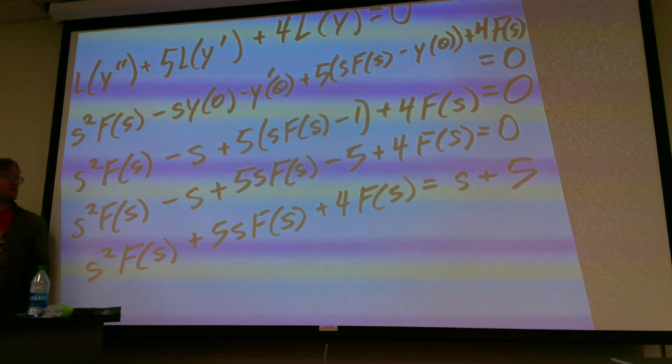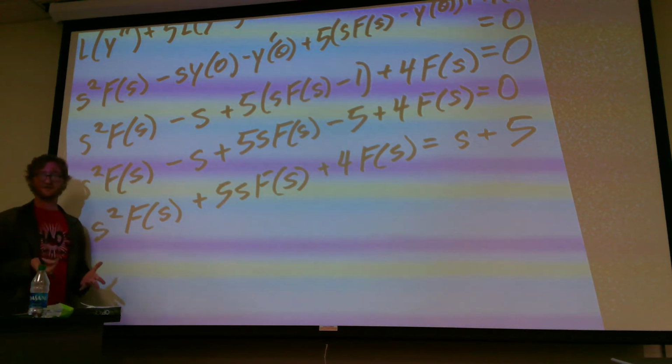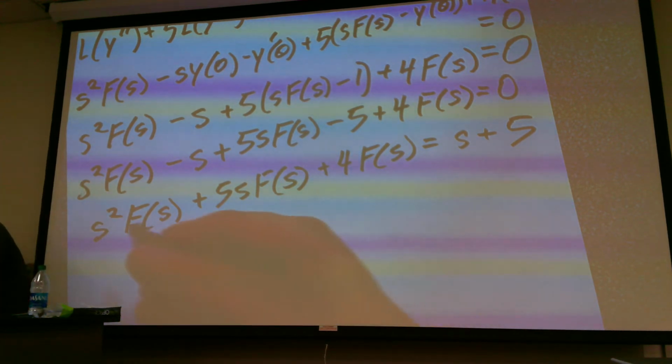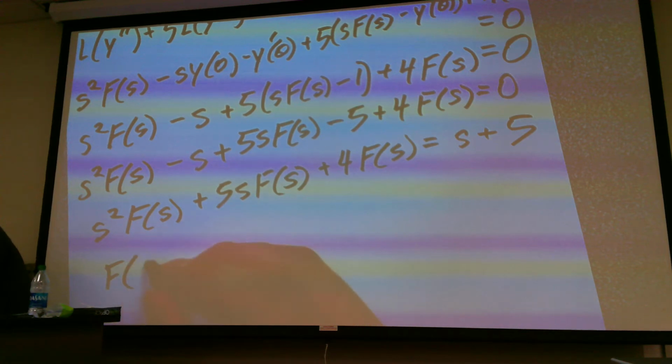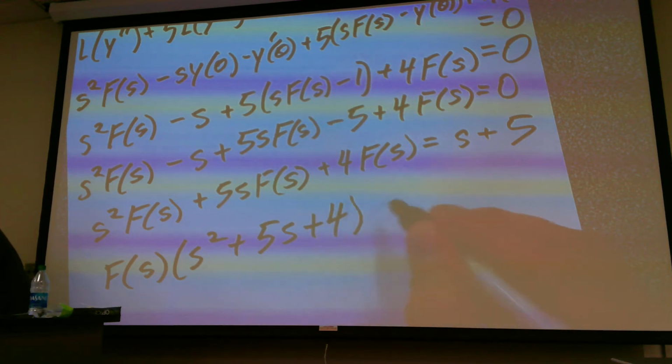Right? Okay, now what we can do is pull an F of s off of all of these terms. So we end up with F of s times s squared plus 5s plus 4 is going to equal s plus 5.